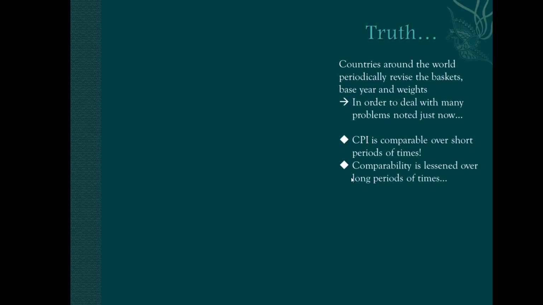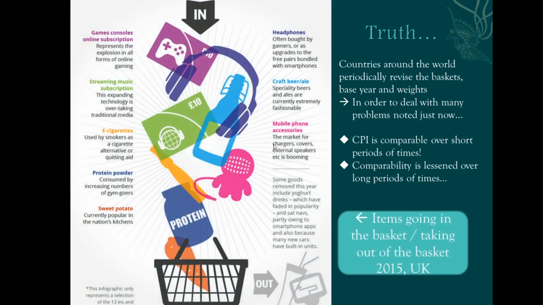You can take a look at this real case right here. In the UK in 2015, they adjusted the basket. They put some new items into the basket, and they took some old items out. Take a look: what did they put in?